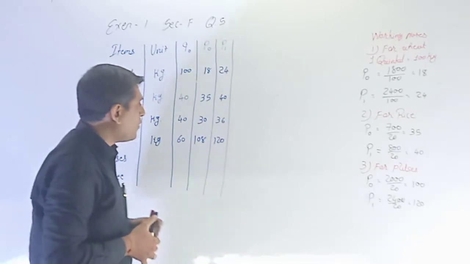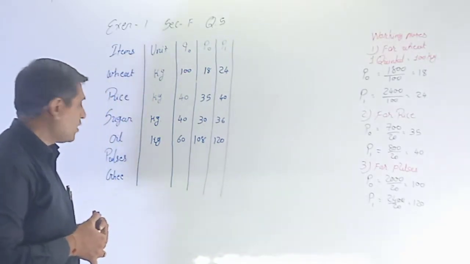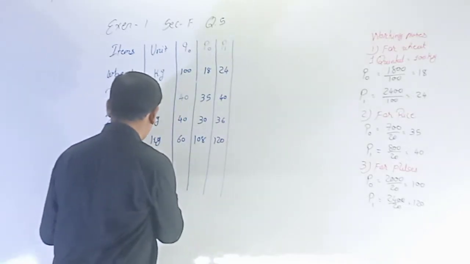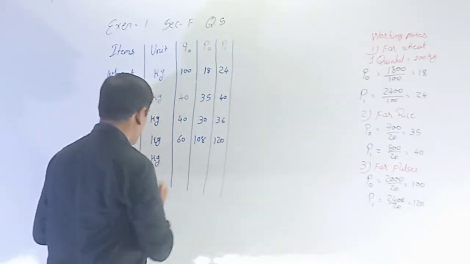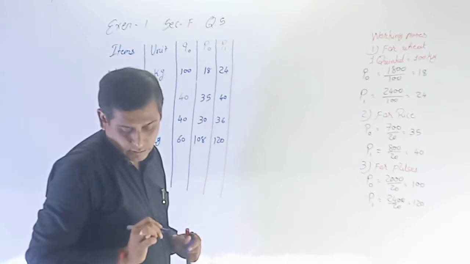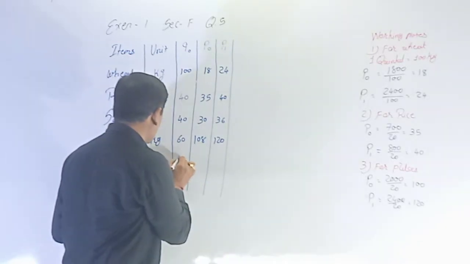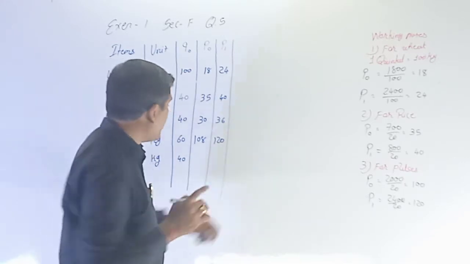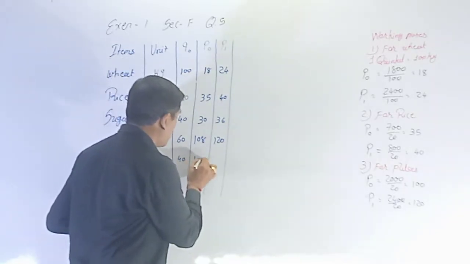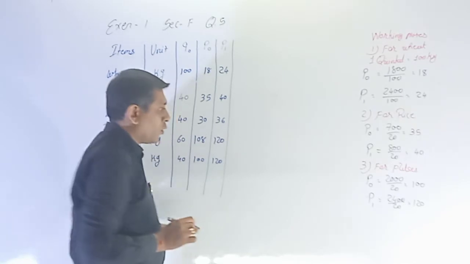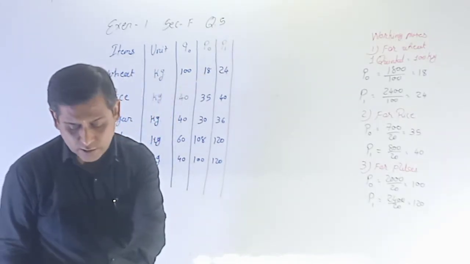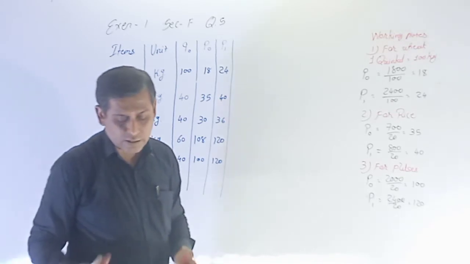The price of the current year as well as the price of the base year is changed in pulses, so here you have to write kg in the unit column, then 40 kg is given, then the price of base year and current year is 100 and 120. Okay, so pulses is over. Now the ghee.